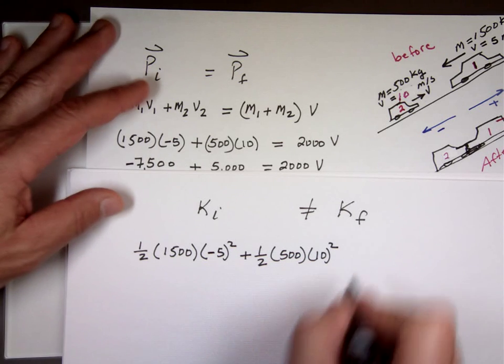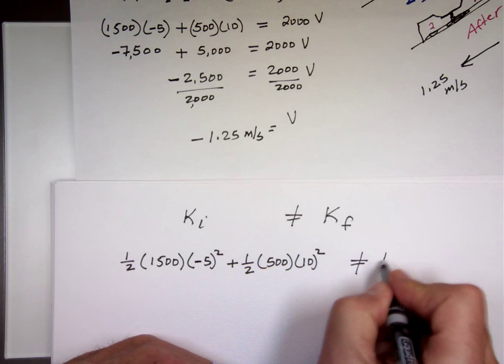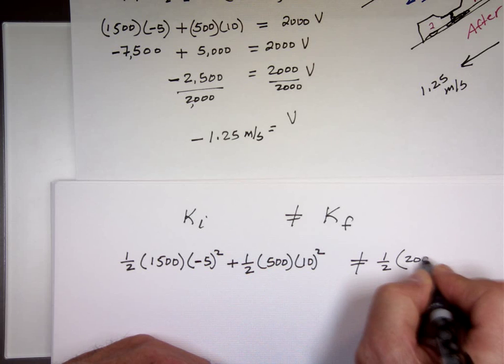And what was the kinetic energy after? It's 1/2. The mass is the combination of the two masses, that's 2,000, times the velocity squared.